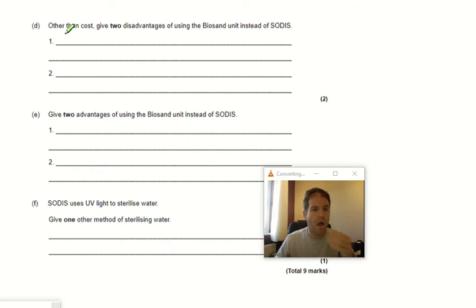Okay, now, next question. Other than the cost, give 2 disadvantages of using the biosand unit instead of SODIS. You can't mention the cost. So you have to wait longer for the bacteria to grow before you can use the water. We have to wait longer to use the water.